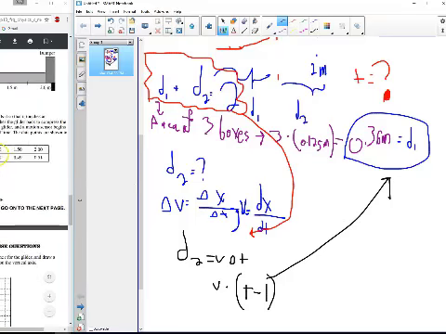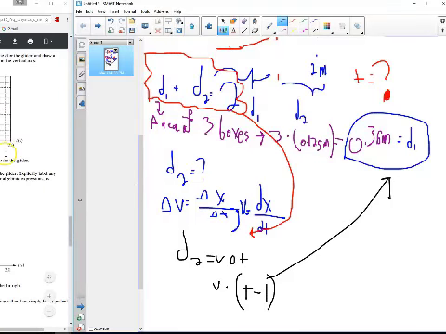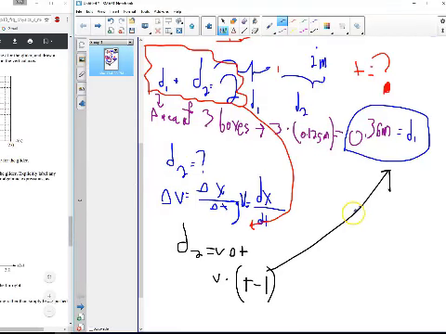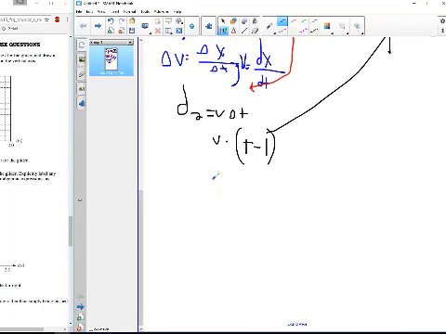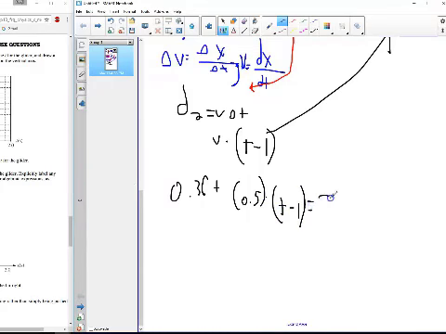Again, I find this method to be kind of counterintuitive in my opinion. The regression analysis gives you the same answer, but whatever, it's College Board. You have to deal with it. So you have 0.36 plus v, we said it was 0.5, times t minus 1 is equal to 2.